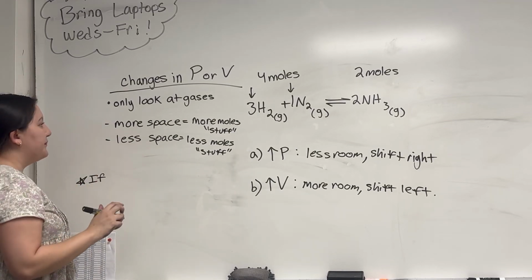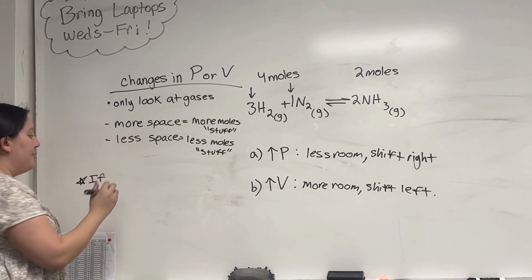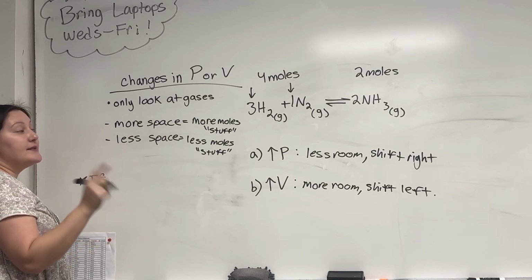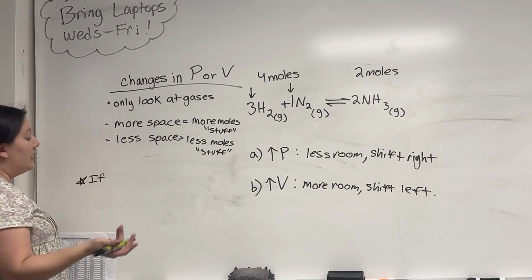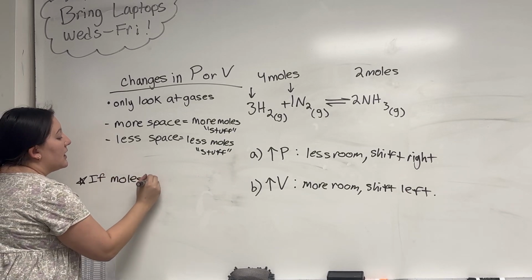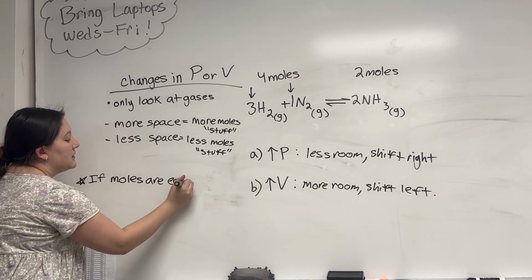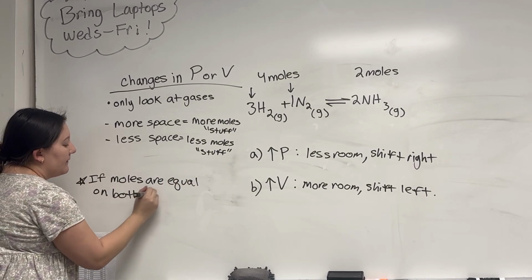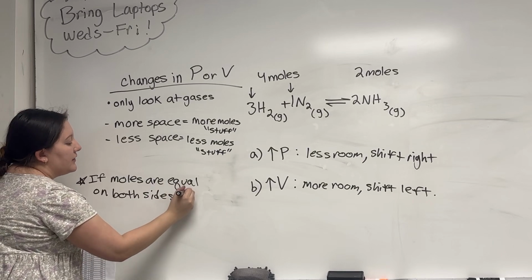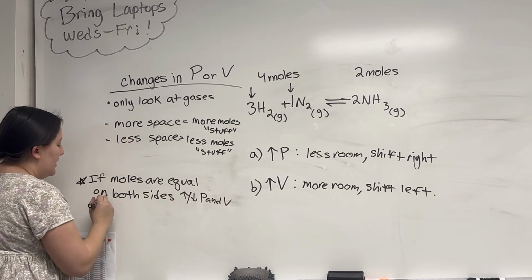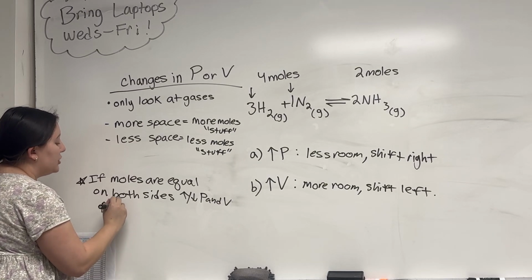Important note as well, if you have the same amount of moles on both sides, increasing the pressure or volume will not change it. So you can say if moles are equal on both sides, increasing or decreasing pressure and volume produce no change.